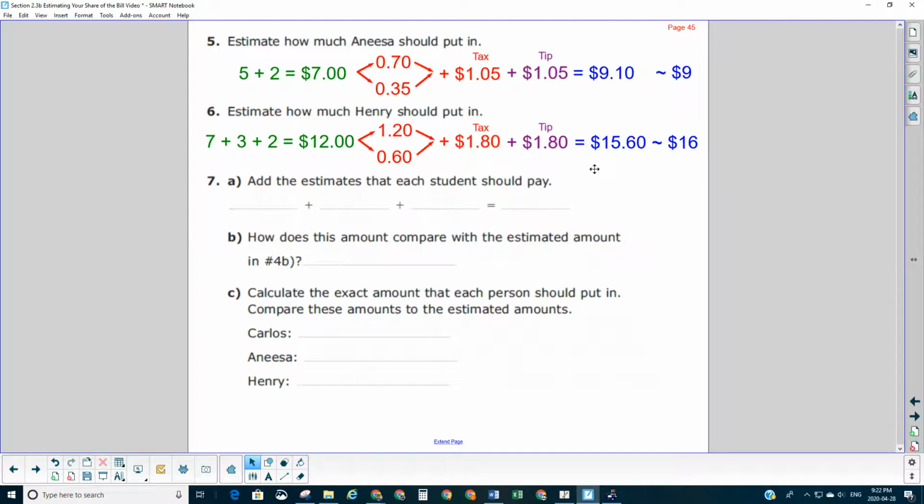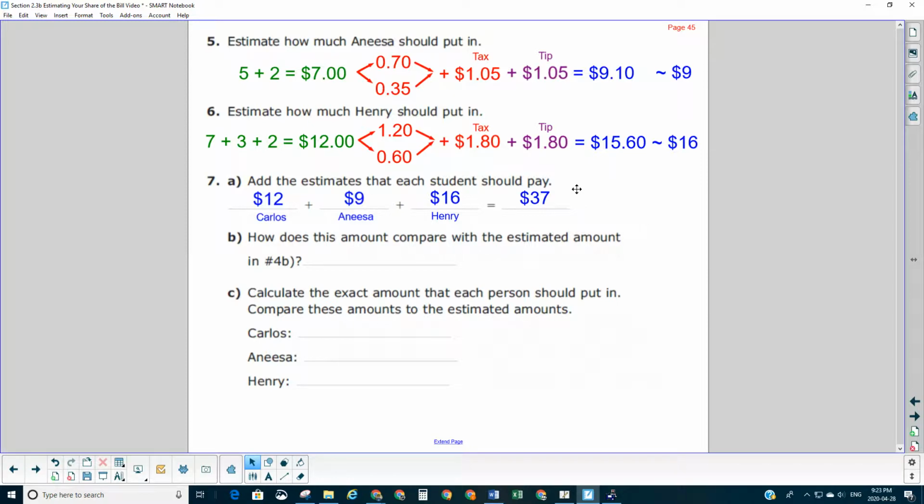If we estimate all three of them, the workbook on page 44 estimated that Carlos should pay about $12. We estimate that Anissa should pay about $9, and you estimated that Henry should pay about $16. So if we add all this up, we're going to leave for the waiter or the waitress, the server, $37.